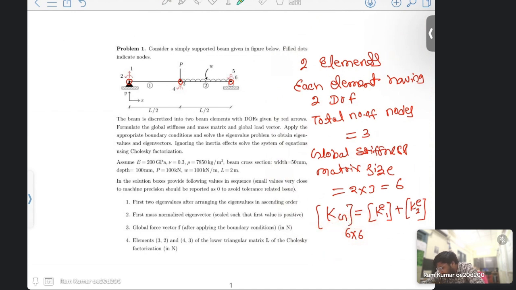So this first element has how many nodes? It has 2 nodes, node 1 and node 2.